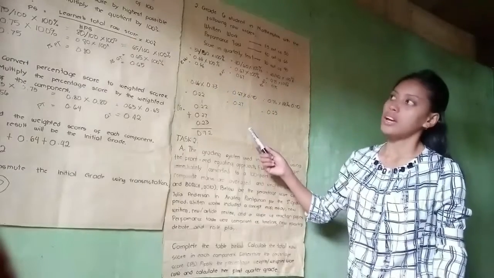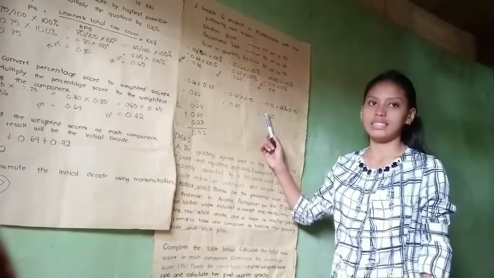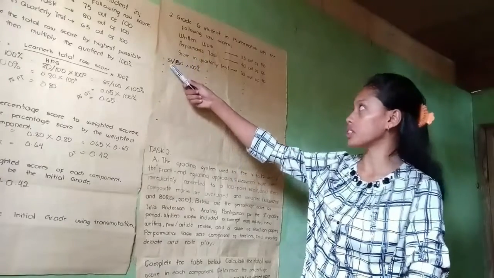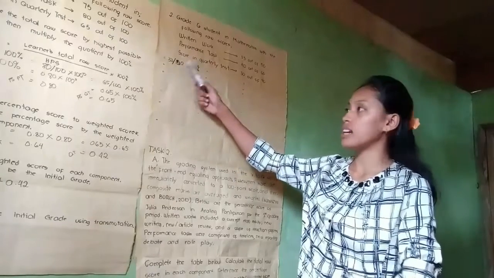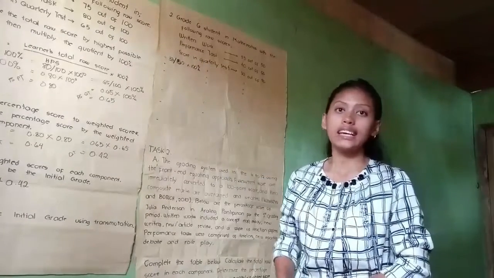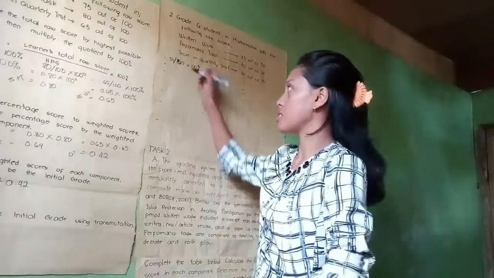Divide the total raw score by the highest possible score, then multiply the quotient by 100. Our total raw score is 33. Divide by the highest possible score, which is 50, times 100. So 33 divided by 50 is equal to 0.66.